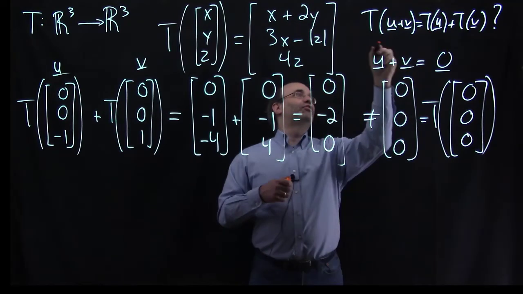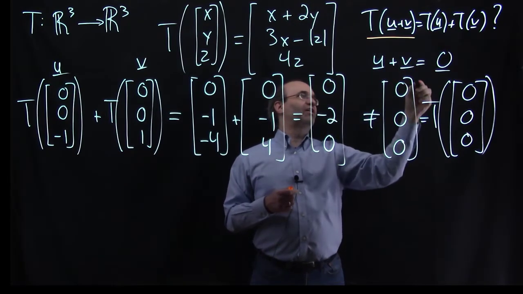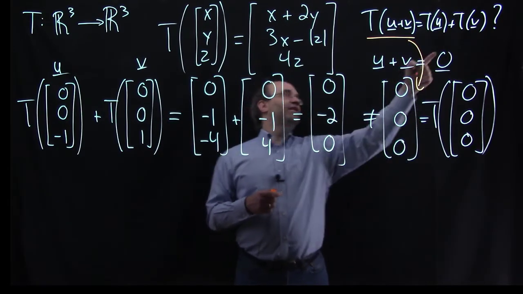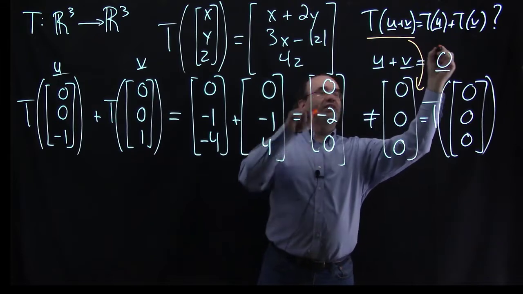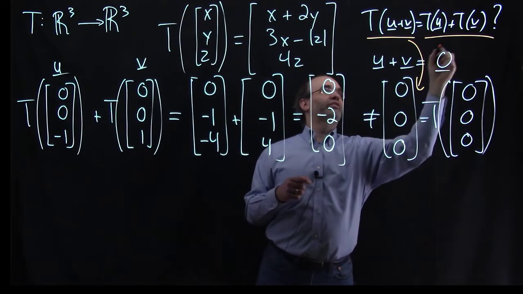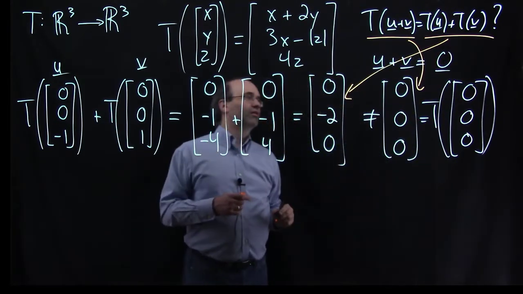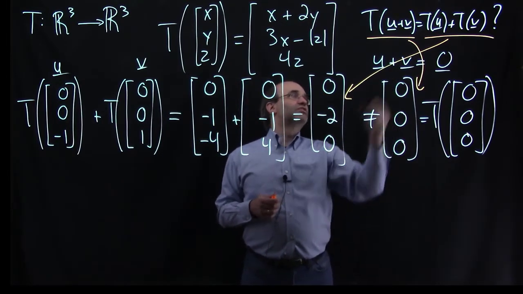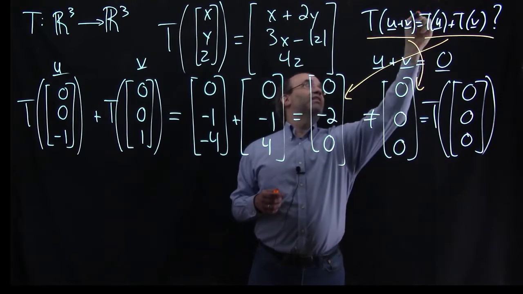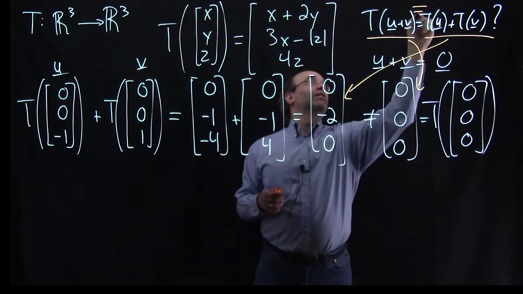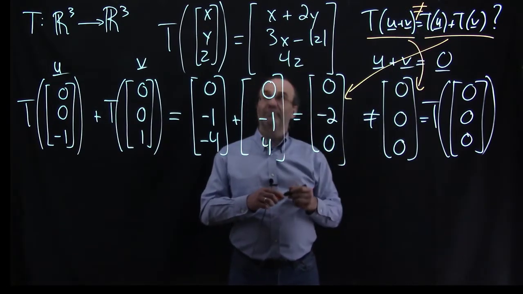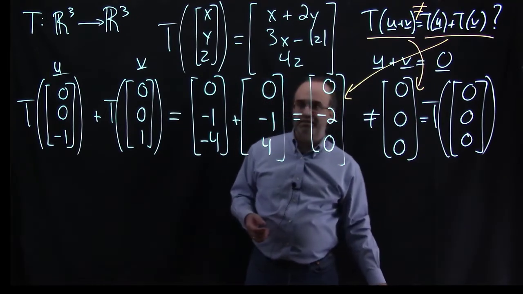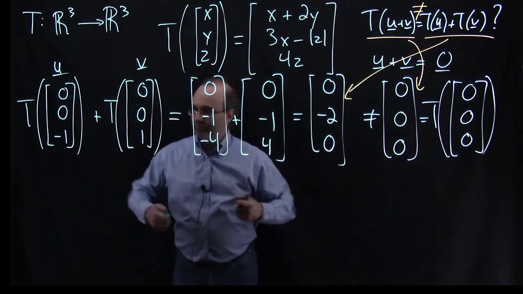So this T of u plus v is exactly what we've got here, and the T of u plus T of v is what I just computed at the start. And these two vectors are clearly different. Consequently, this function is not linear.